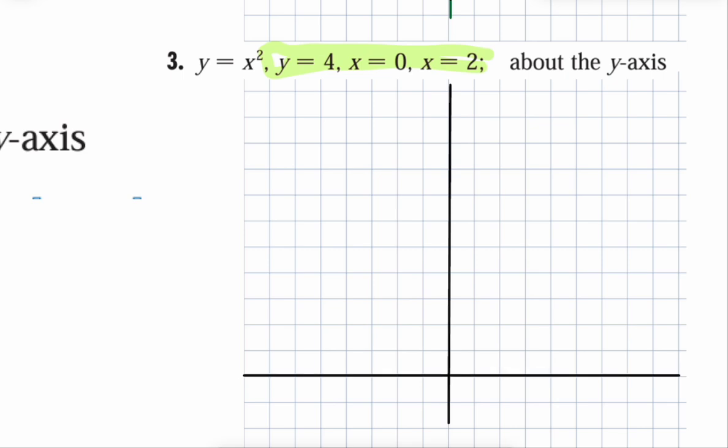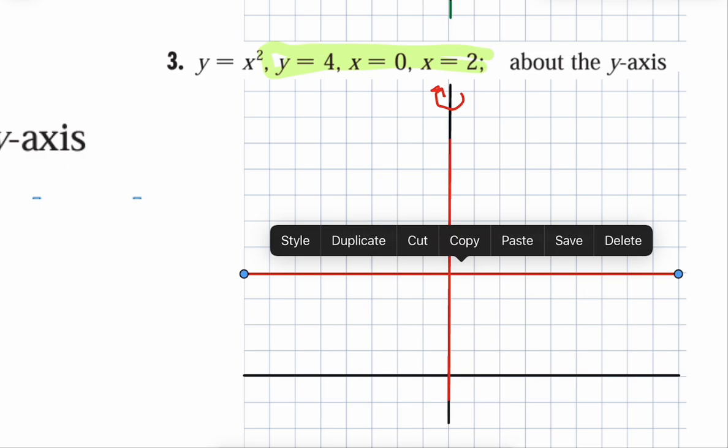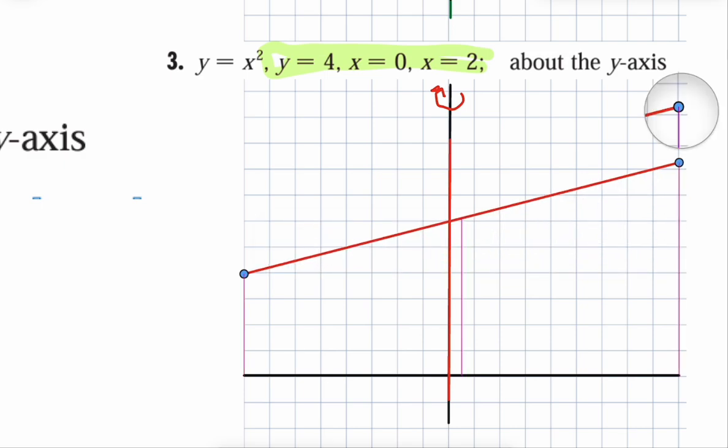Okay, so y equals 4 is probably our top boundary, because we're going from bottom to top now when we're rotating about the y-axis. And then 0, and then 2. I'm going to make my 4 up higher.